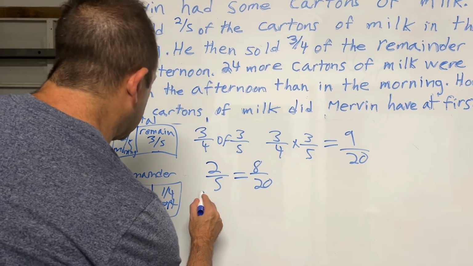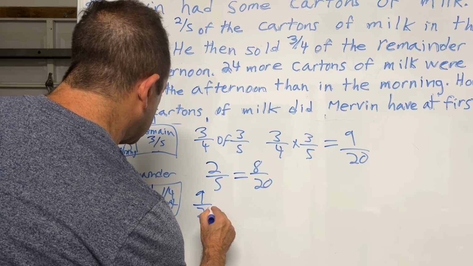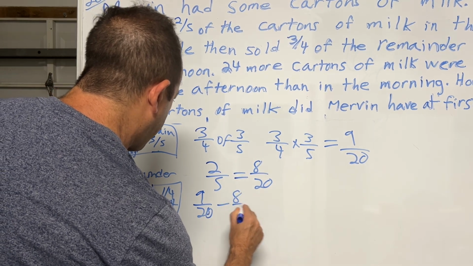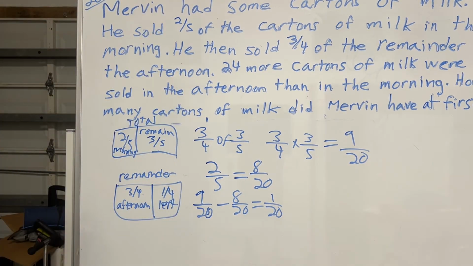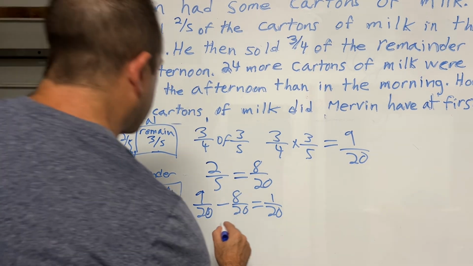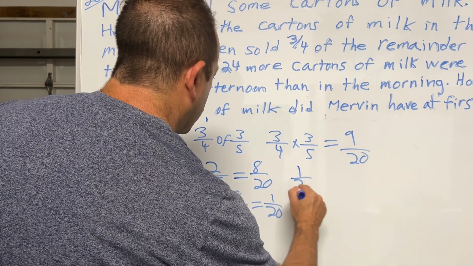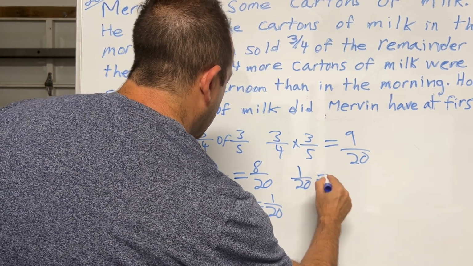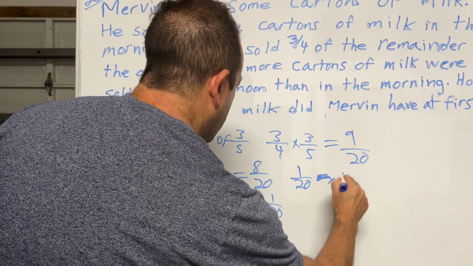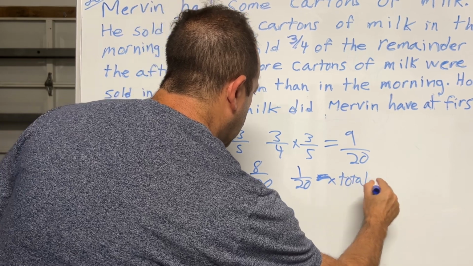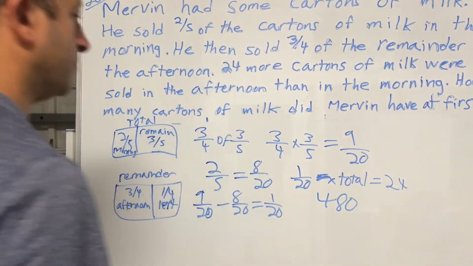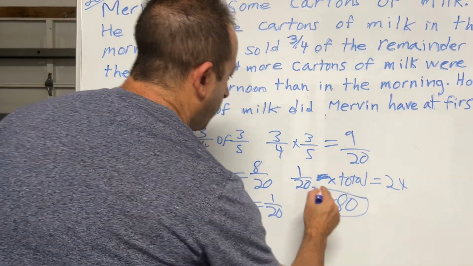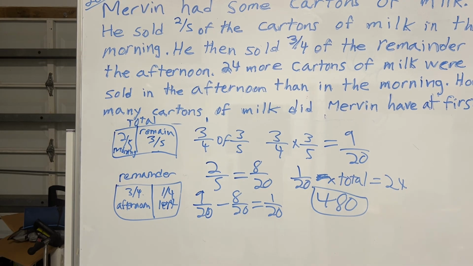So now you see the difference between those is 1/20. 1/20 of the total equals 24, and you end up with the same answer, of course, 480. So if you don't want to make a big long diagram, you can do this.